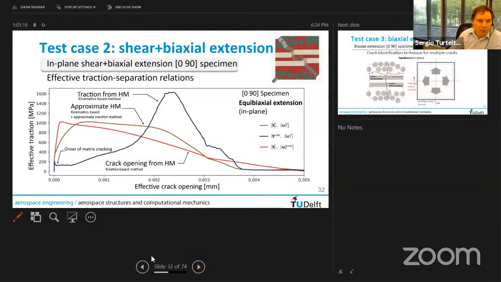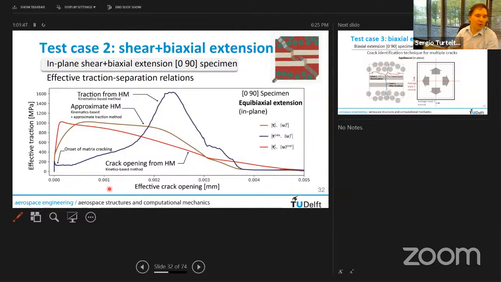If we now look at the third method, the kinetic space method, it doesn't pick up the matrix cracking. The reason is that it computes the crack opening based not on the geometry, but on the amount of energy dissipated. Because very little energy is dissipated at the beginning, it has no way of knowing that there's been a big opening.